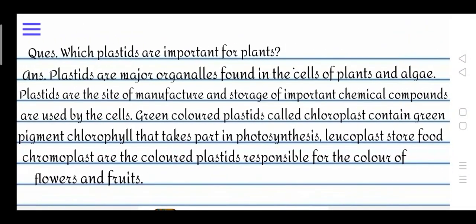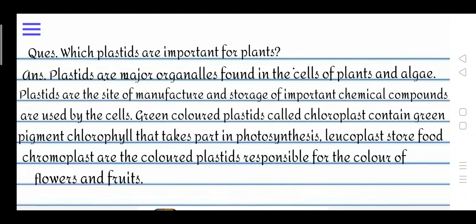Which plastids are important for plants? There is a mistake in the question: the word should be why. Why are plastids important for plants? So you have to know that plastids are major organelles found in the cells of plants and algae. Plastids are the site of the manufacture and storage of important chemical compounds used by the cell.